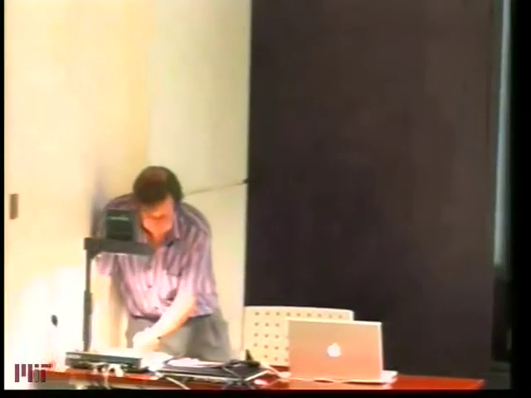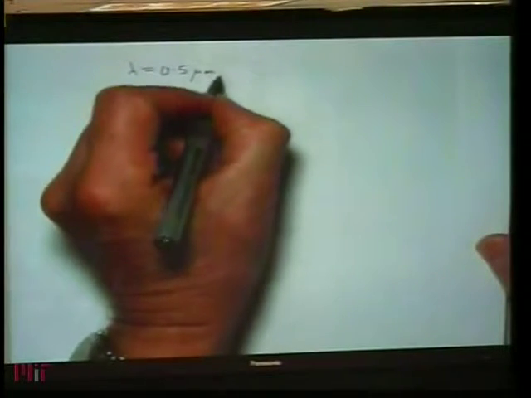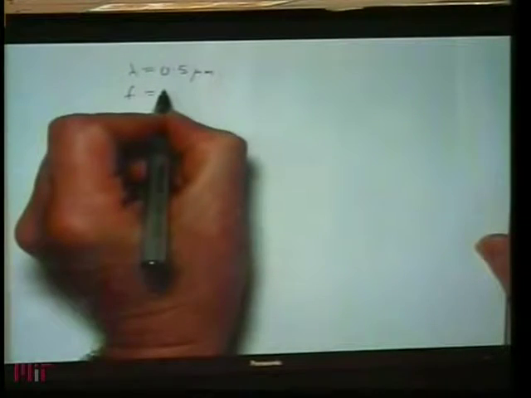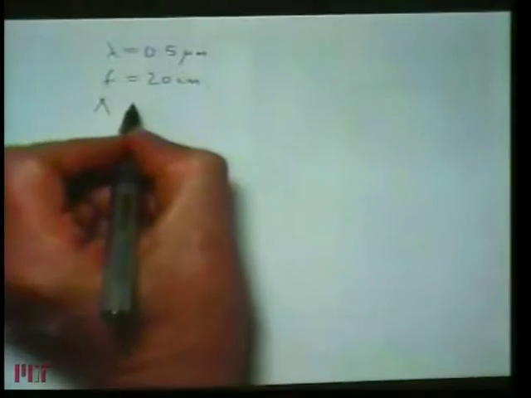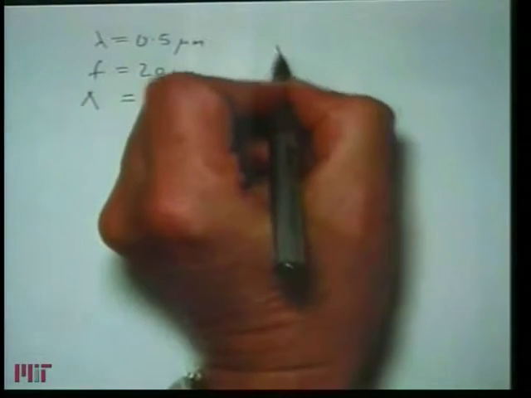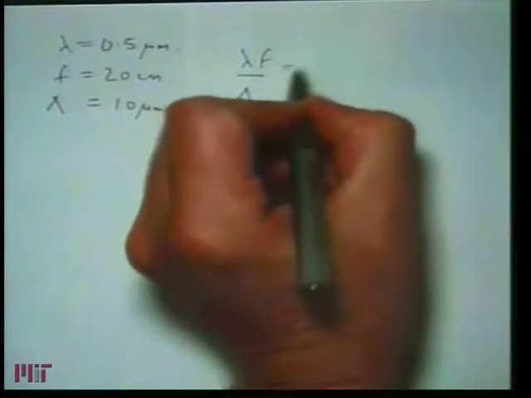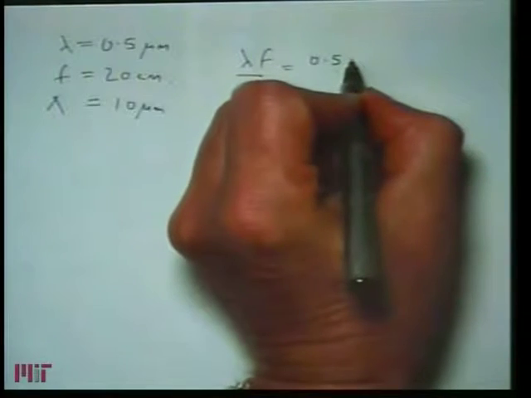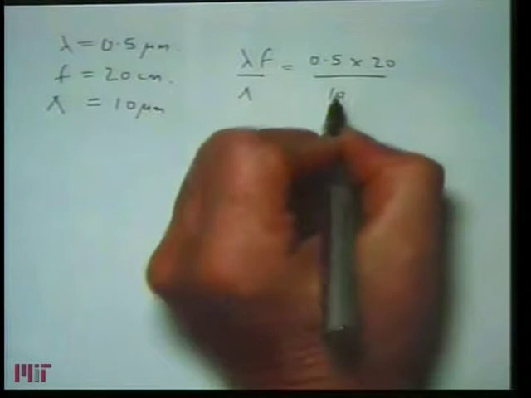So we've got lambda equals 0.5 microns, f equals 20 centimetres, capital lambda, the period, is equal to 10 microns. So that gives lambda f over capital lambda is 0.5 times 20 over 10.